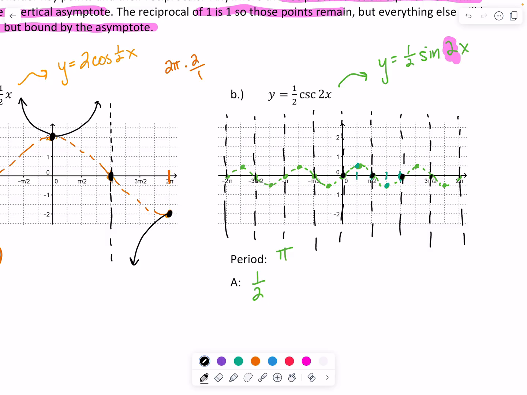All right, look at all those asymptotes. That means that anywhere in between where I have these points at 1/2, I am going to be flipped but bounded by these asymptotes. So it looks like our cosecant graph, if I were to continue it all the way from negative 2 pi to positive 2 pi, would look something like this.